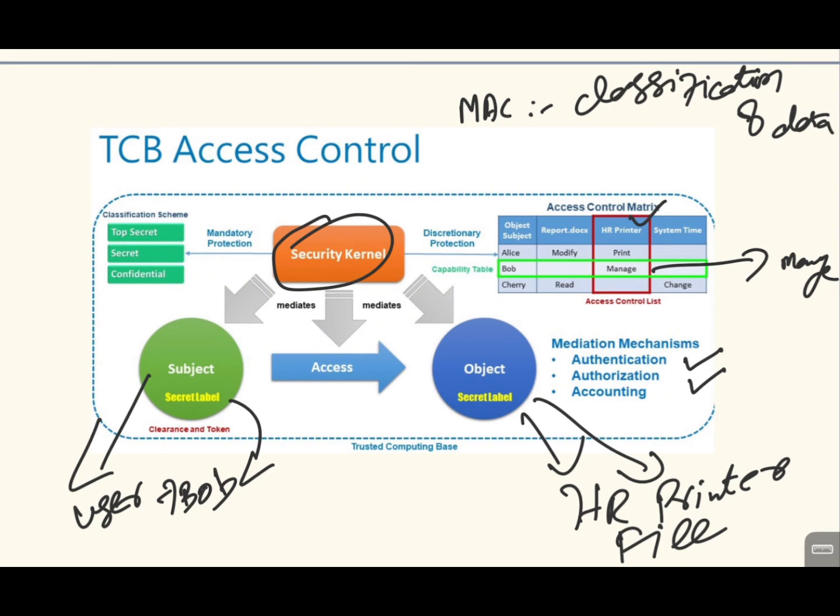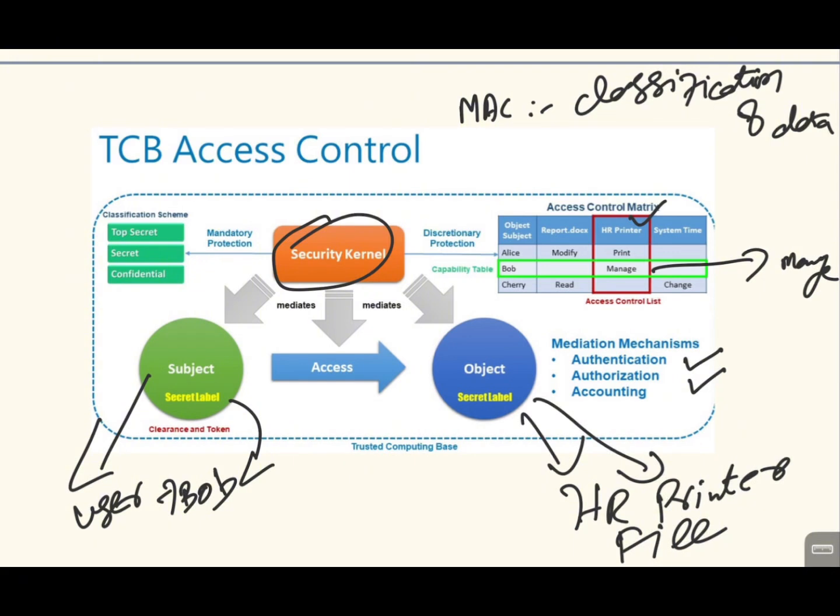Because this is on the secret level. So first is top secret, this is secret, and the last one is confidential. For instance, Alice is on the top secret level, and Cherry is on the confidential level.